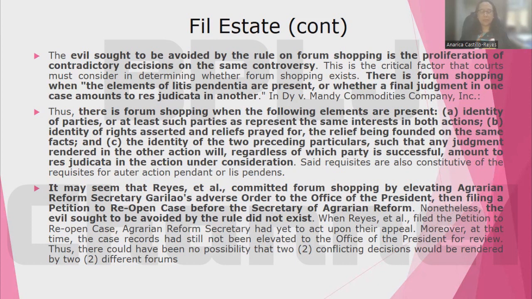So it may seem that Reyes committed forum shopping by elevating the Agrarian Reform Secretary's adverse order to the Office of the President, then filing a petition to reopen the case before the Secretary of Agrarian Reform.